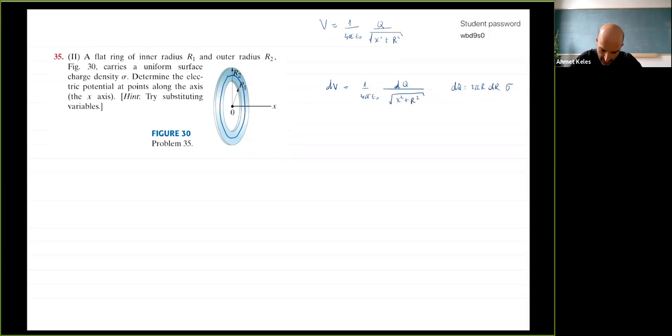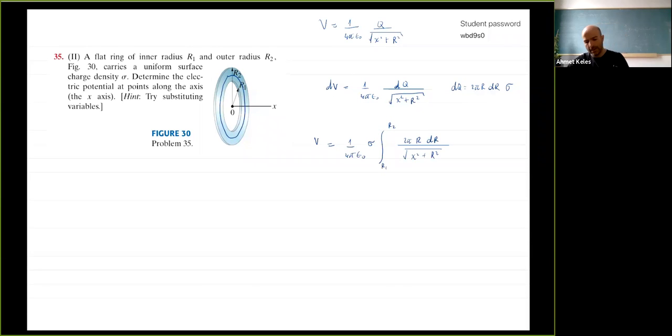I can put this in and integrate both sides to get what? V is equal to 1 over 4 pi epsilon naught, the integral from R1 to R2, 2 pi r dr, let's write sigma outside, divided by x squared plus r squared.